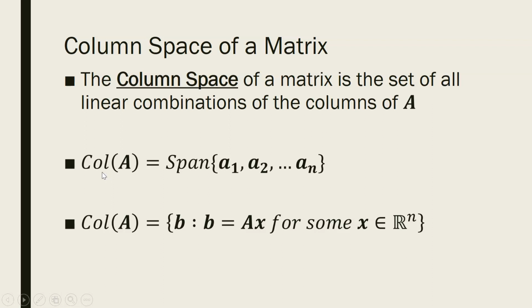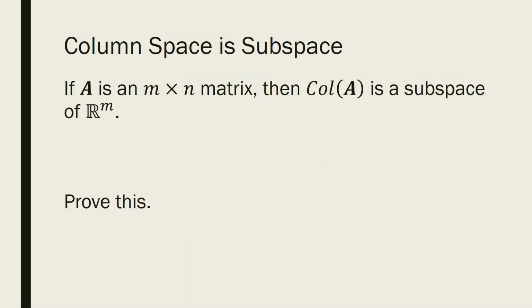The notation we use is COL of A for column space. Now, if A is an m by n matrix, then the column space is a subspace of Rm.